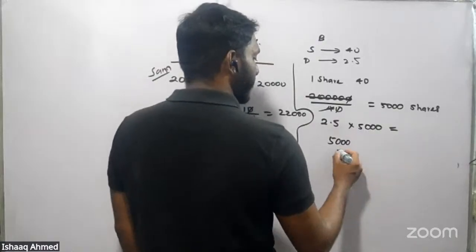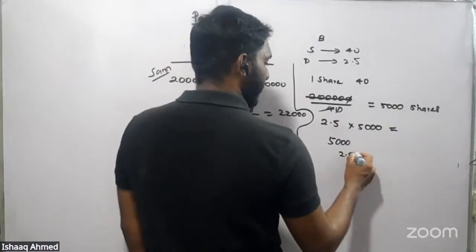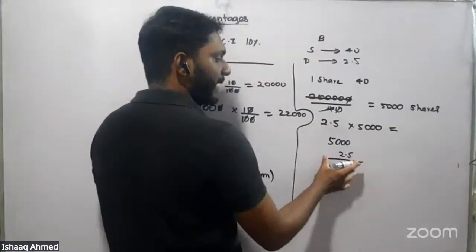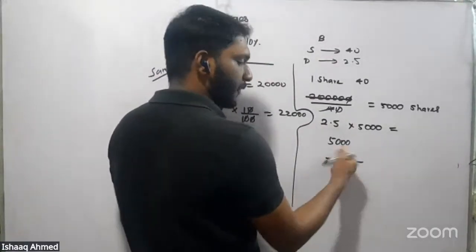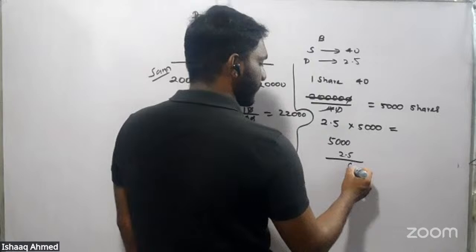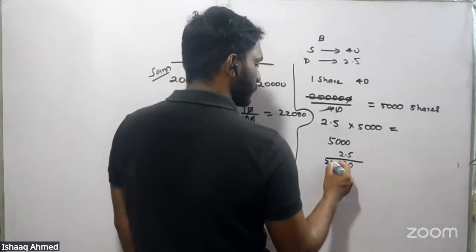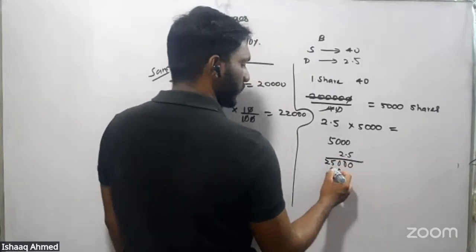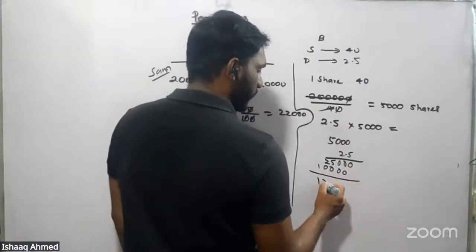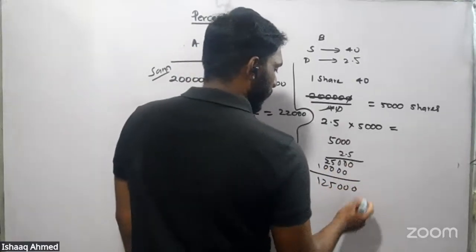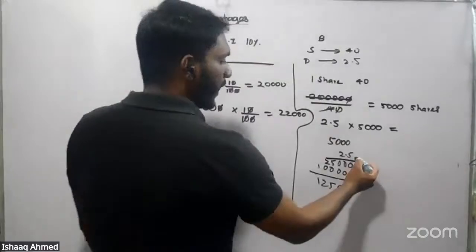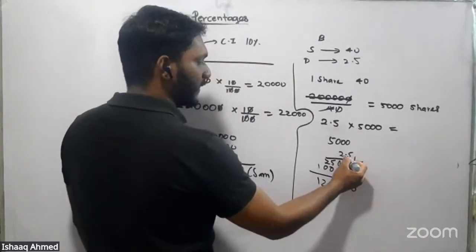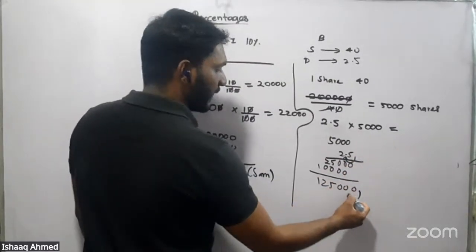How to multiply? There are many ways to multiply, but I'll show you one simple way. Decimal multiplication: you forget the decimal and just multiply. Then you count how many places the decimal is in. 1. So you take 1 and put it.